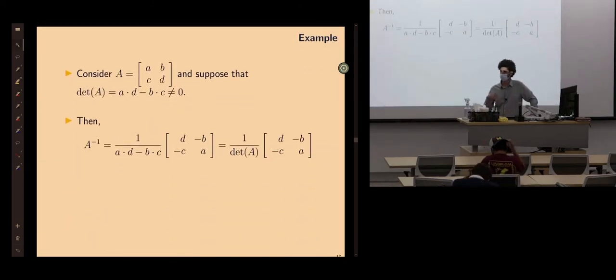And we had a formula for inverting it, which ends up being 1 over the determinant of A, and that's why we don't want it to be 0, times this matrix: D, A, minus B, minus C. So what happened? A and D got exchanged. B and C changed sign. And they're divided by the determinant.